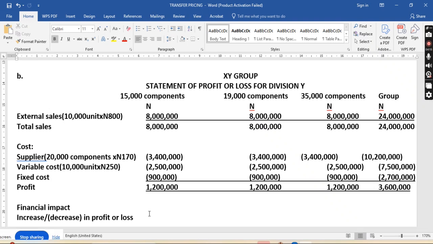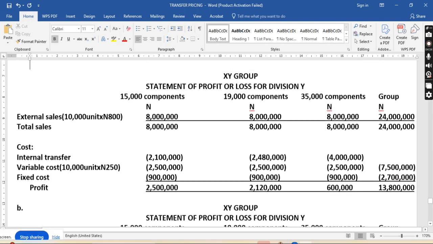We want to get everything outside, and with that, there will not be any internal transfer costs for the buying division. What is the financial implication on the group?